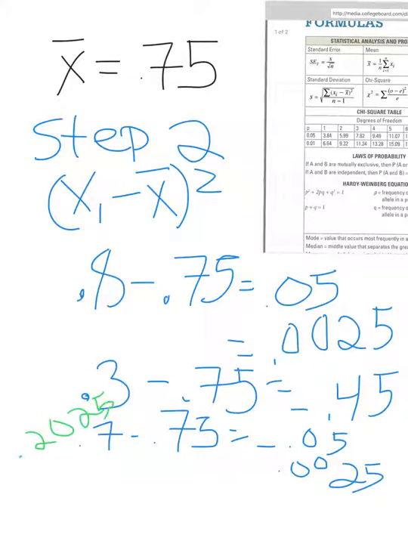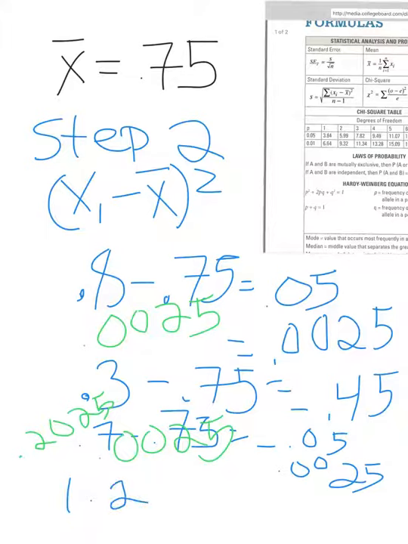Up here it was 0.0025. I know I'm writing over numbers. Sorry guys, I'm trying to keep all this stuff on the same page though. And then our last one was 1.2. I might have mixed these around, but same idea. Minus 0.75. 1.2 minus 0.75 is going to give us 0.45.